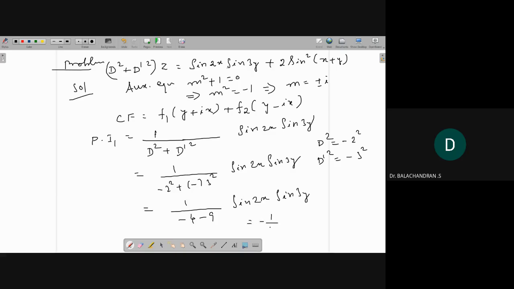minus 1 by 13 into sine 2x into sine 3y. So using shortcut method, we got the answer quickly, but it is better to do by original method. Please verify later. And this is PI1 and the PI2.